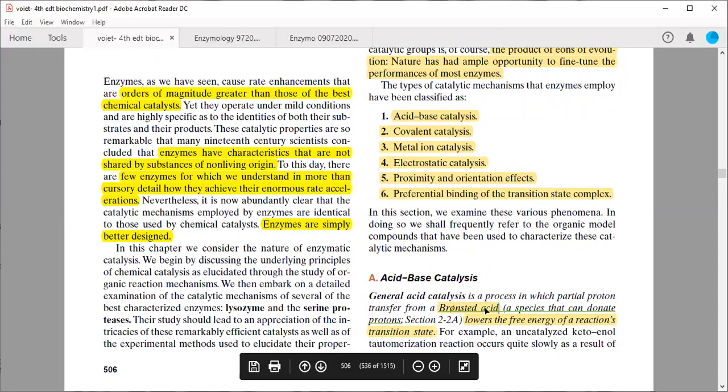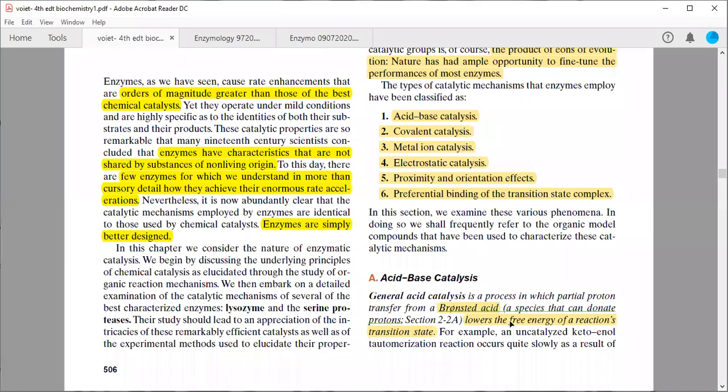A Bronsted acid is a species which donates protons, and a Bronsted base is a species which accepts protons, so everything revolves around these protons as positive ions. The second thing is that an enzyme lowers the free energy of the reaction transition state so that it can be converted into the product more efficiently.